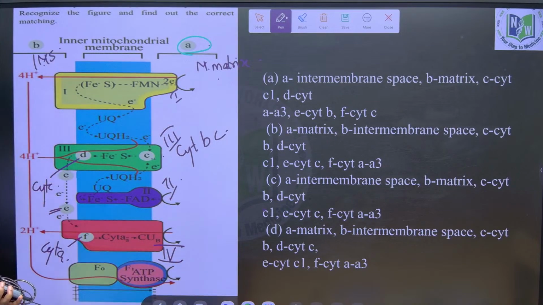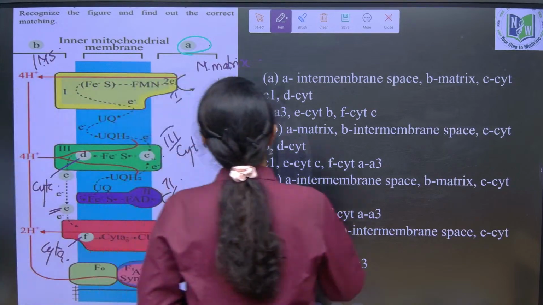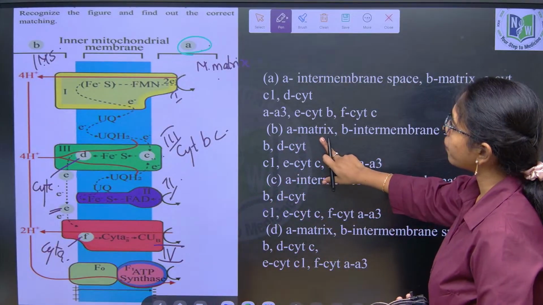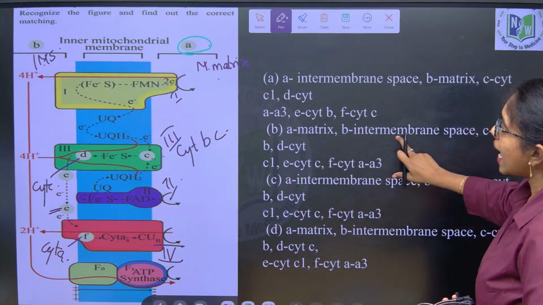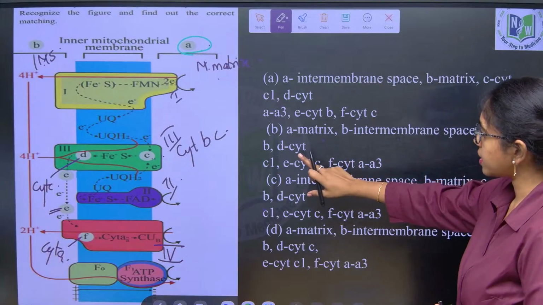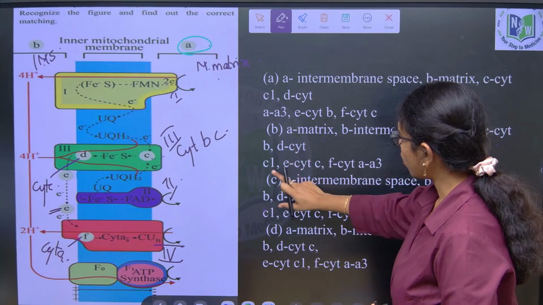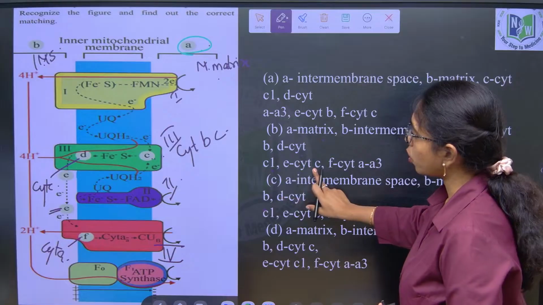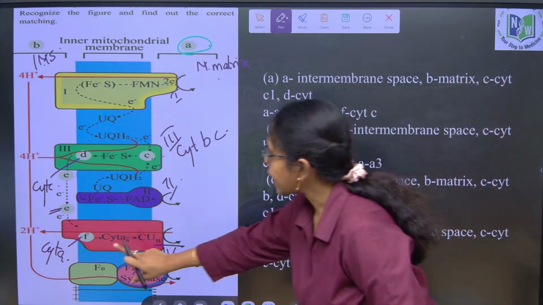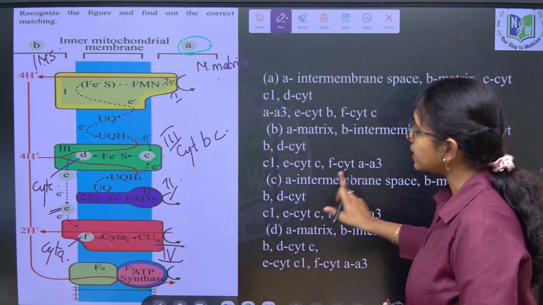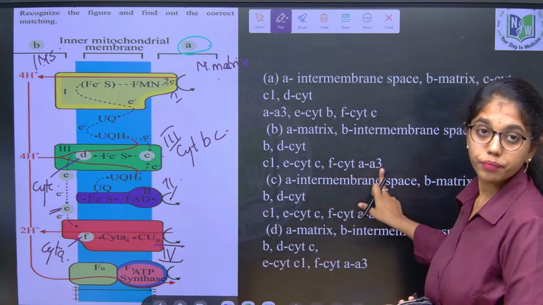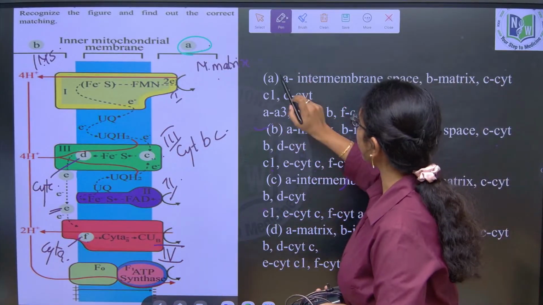Now, if we have to choose the options, A will be the mitochondrial matrix, B is the intermembrane space, C is cytochrome B, D is cytochrome C1, and E is cytochrome C. F will be cytochrome A, and last it is cytochrome A3. Fine. So B will be your correct answer.